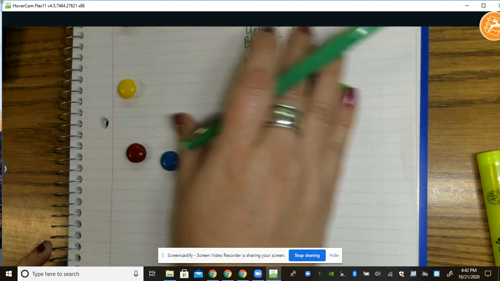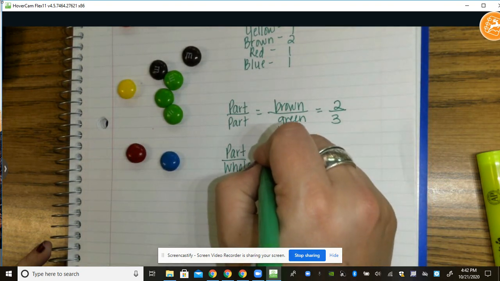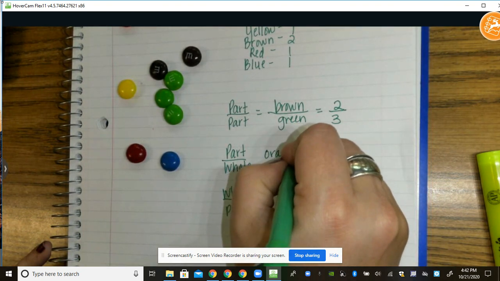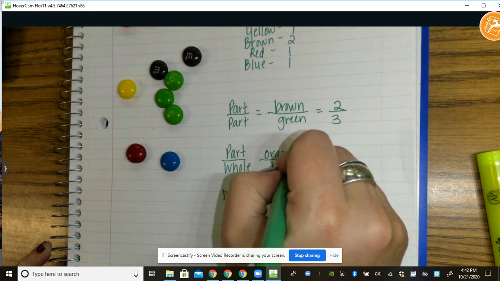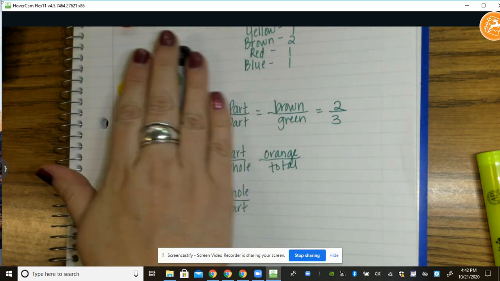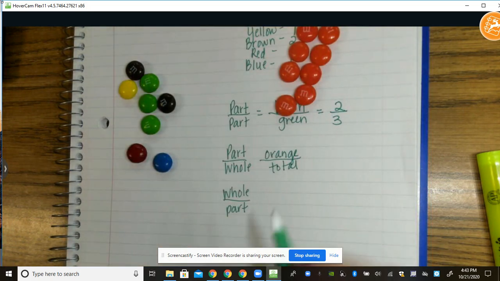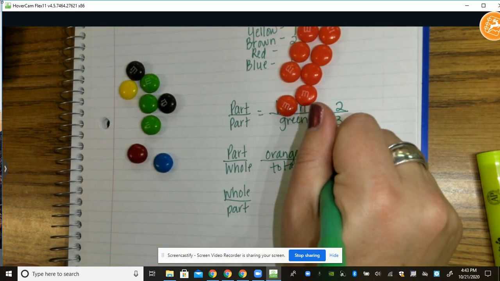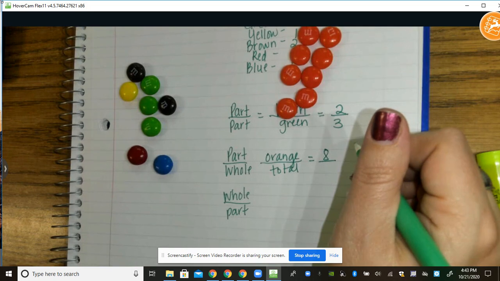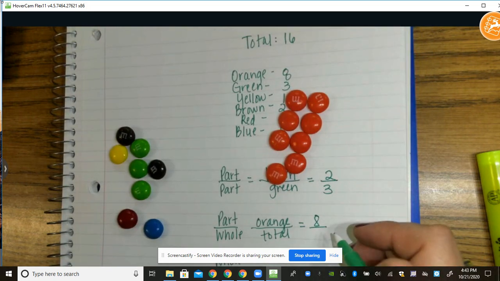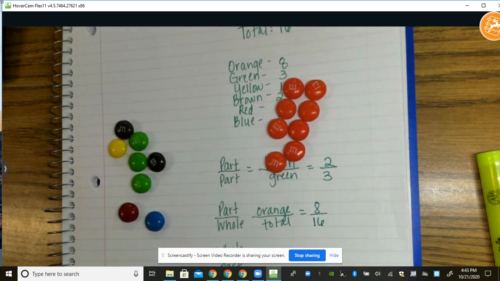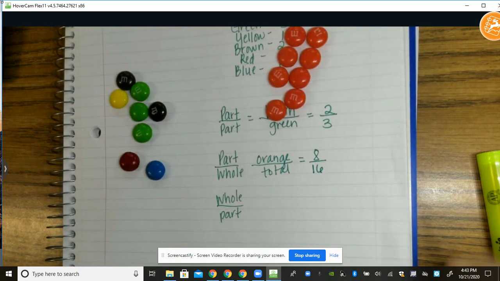So I'm going to look at my orange compared to my total. So, oh my, this is that one that had so many. I had 8 oranges. Okay. And I had a total, if I look, of 16. So my ratio is 8 to 16.